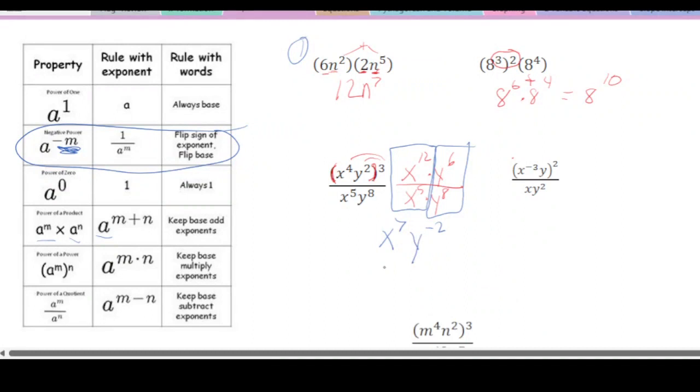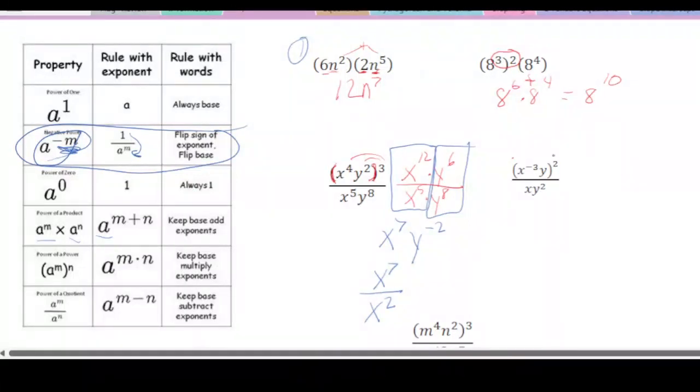So this turns into x to the 7th over y to the 2nd. Because notice it says x to the negative power turns into 1 over x to that power. But when there's something else already here, I don't need to put a 1 there.